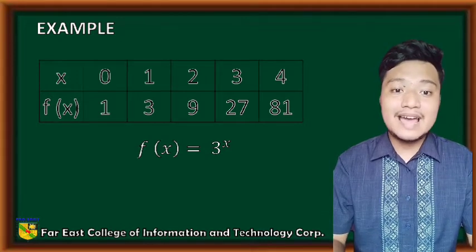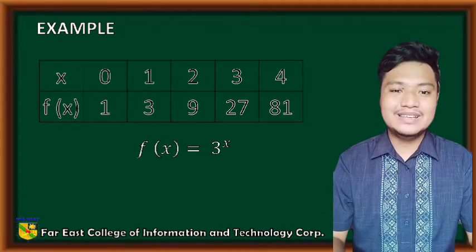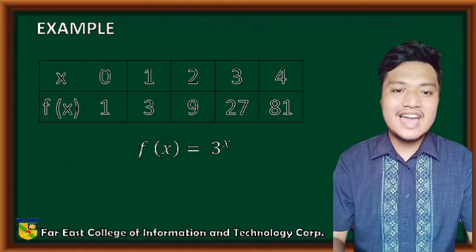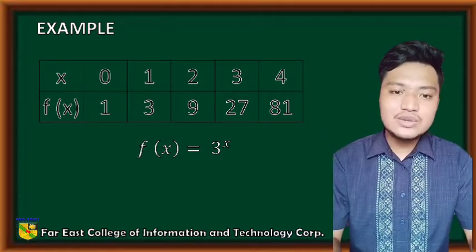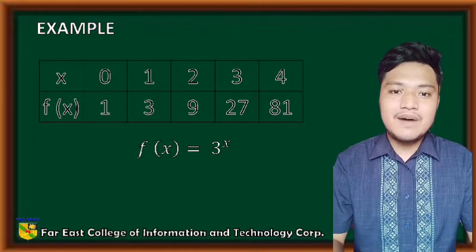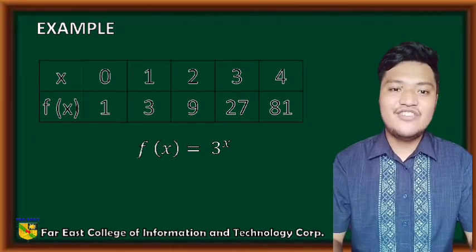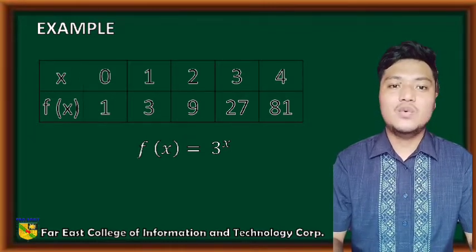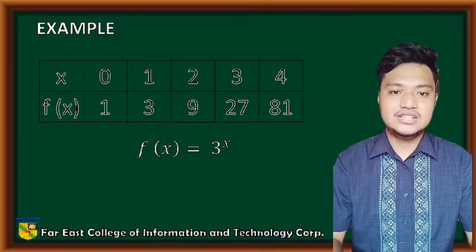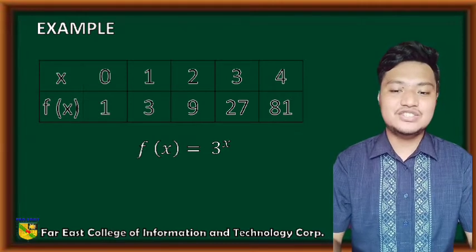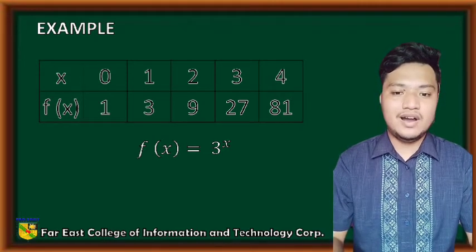So, paano ba natin malalaman kung itong table na ito ay exponential or not? Try to substitute the values of x and f of x to the given equation f of x is equal to 3 to the x. Let's start to substitute the 0 and 1.